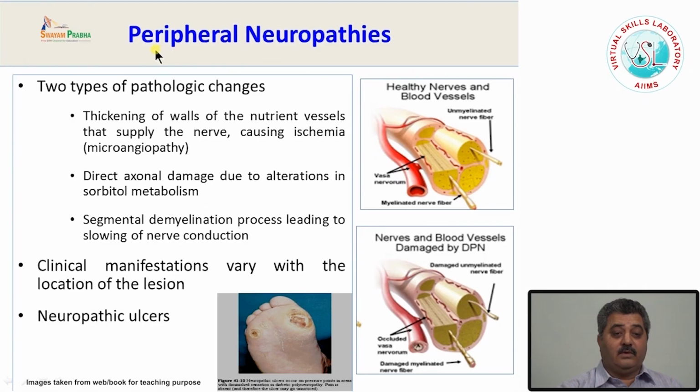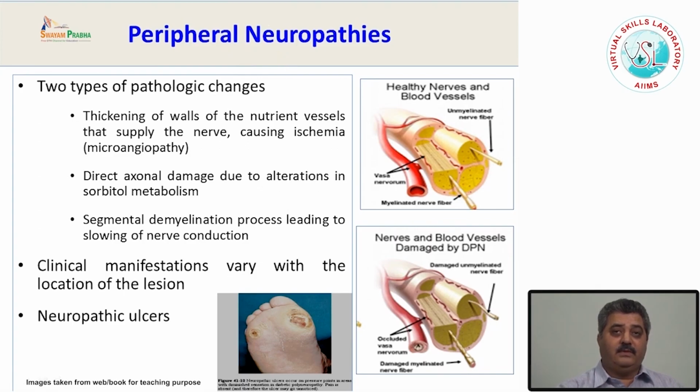The other organ which is affected by the microangiopathy is the peripheral nerves, causing peripheral neuropathies. These patients have a very characteristic gloves and stocking presentation of involvement of the nerves. For example, the hands and feet are involved, and these patients have symptoms because of the involvement of the axons, small nerve fibers, and sometimes this peripheral neuropathy is painful.